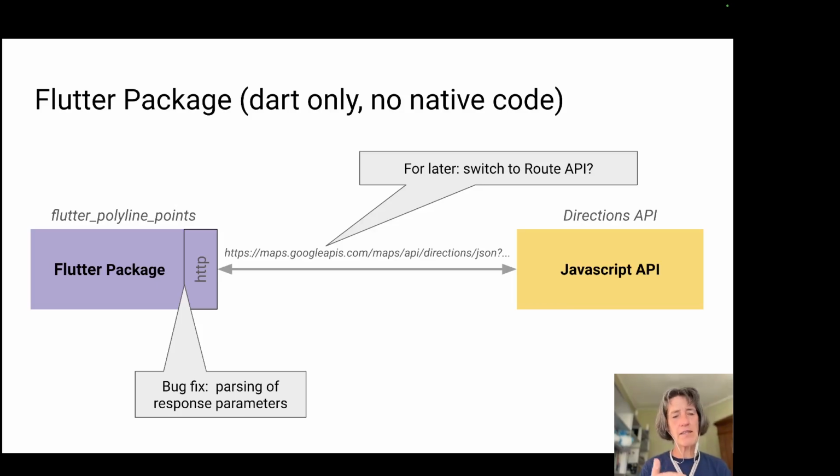And rather than adding them all together and say the total is 2 hours 20, it only returns the first result. It also uses still the somewhat outdated directions API, so it would be ideal in the long run to maybe use the route API. Now, when I looked at this, it was fairly clear what happened. It was like a very simple oversight by the author, but still the package was not quite working the way I needed it now.